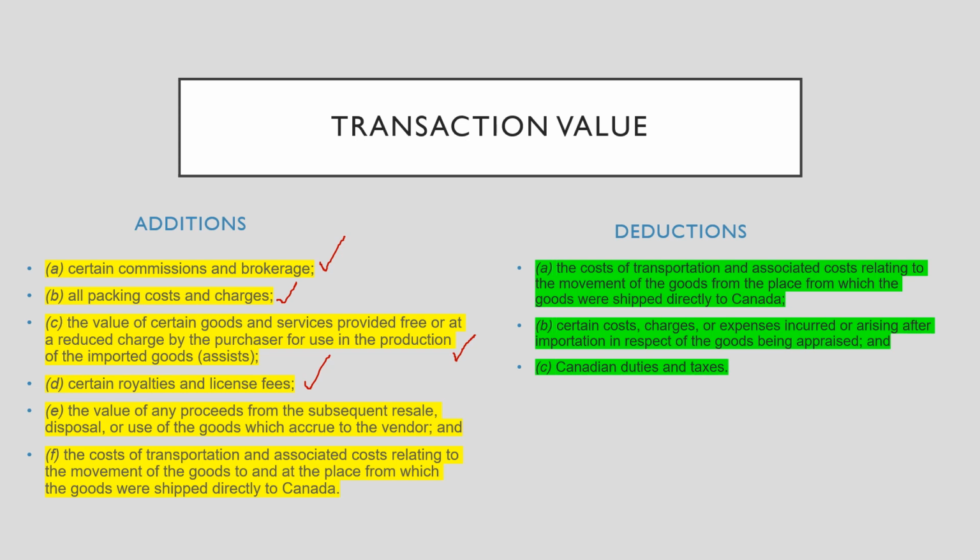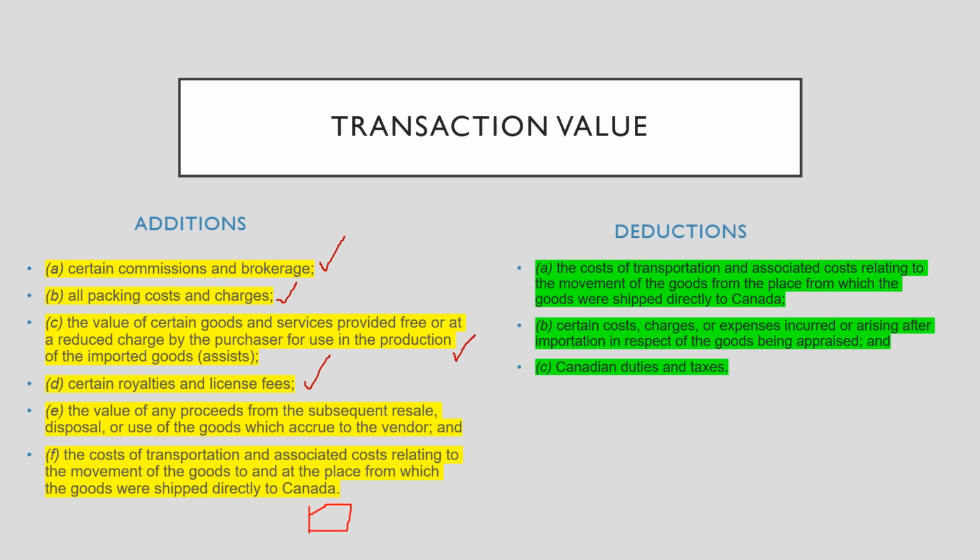The value of any proceeds from the subsequent resale, disposal, or use of the goods which accrue to the vendor, and the associated costs relating to the movement of the goods to and at the place from which the goods were shipped directly to Canada. So this will be the transportation cost the exporter had to pay to move the goods.